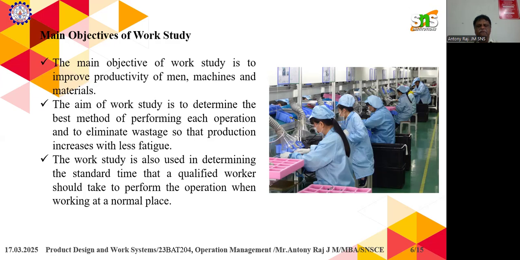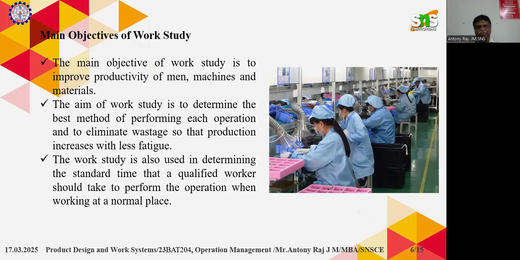Next, the aim is to determine the best method of performing each operation, because every operation will have a best method, and to eliminate wastage so that production increases with lesser fatigue. Third, work study is used to determine the standard time that a qualified worker should take to perform the operation when working at a normal pace. These are the first three objectives of work study.